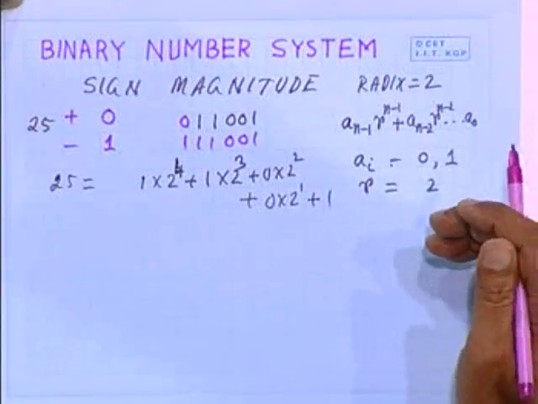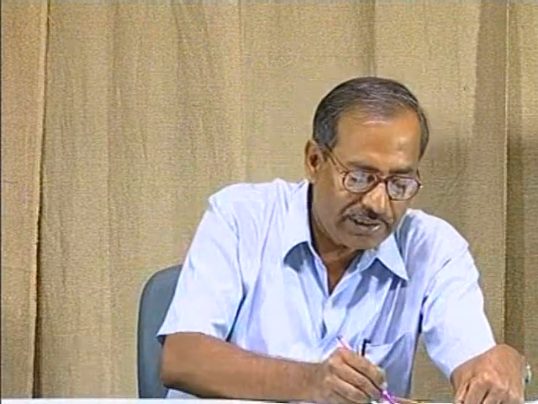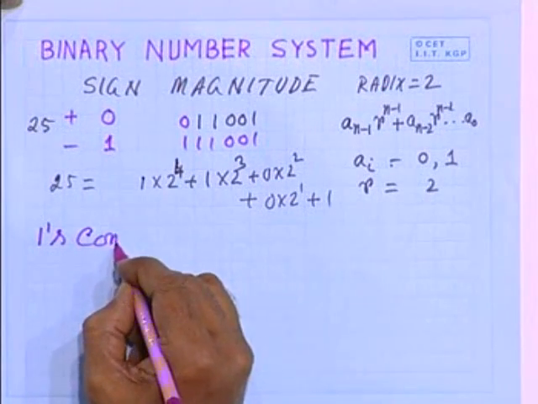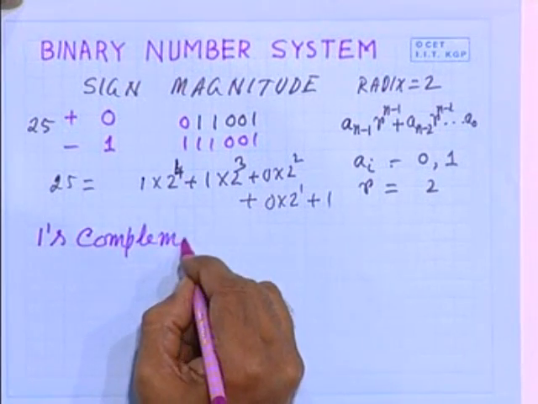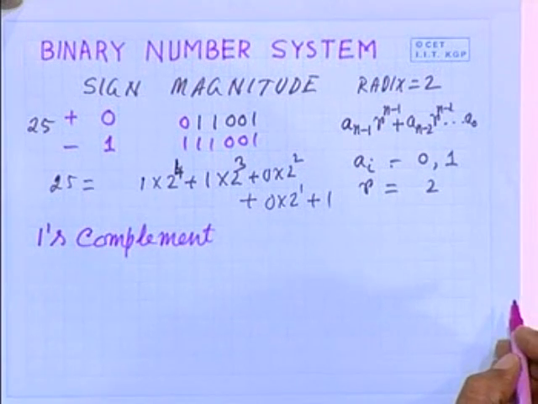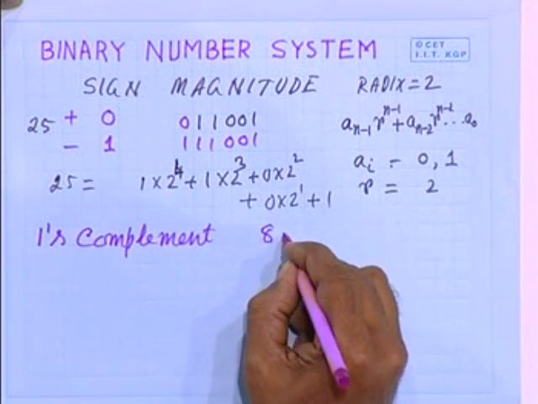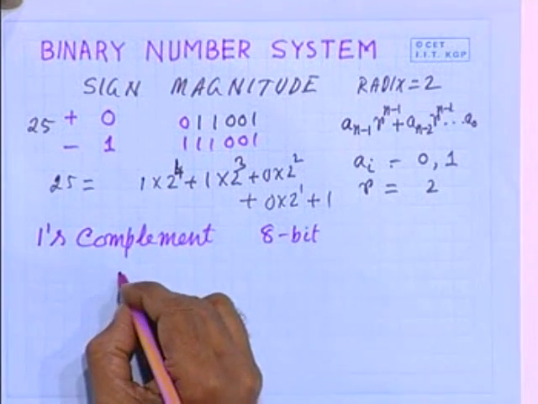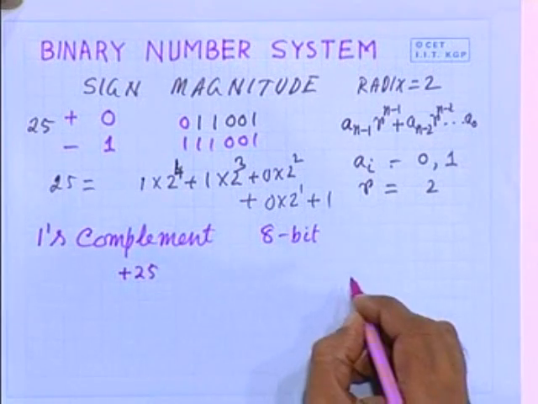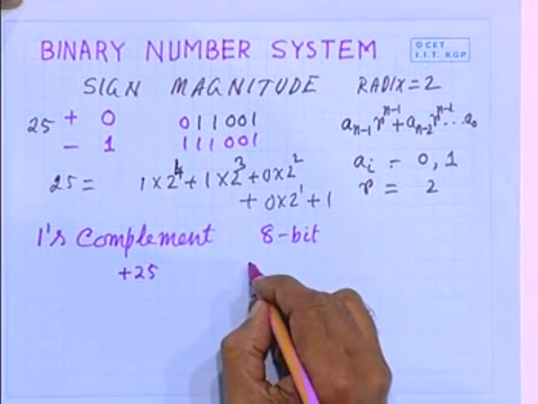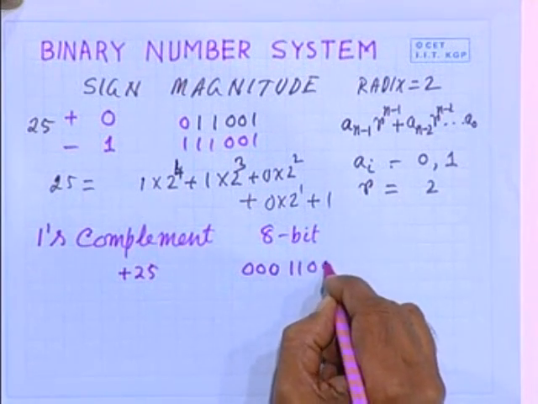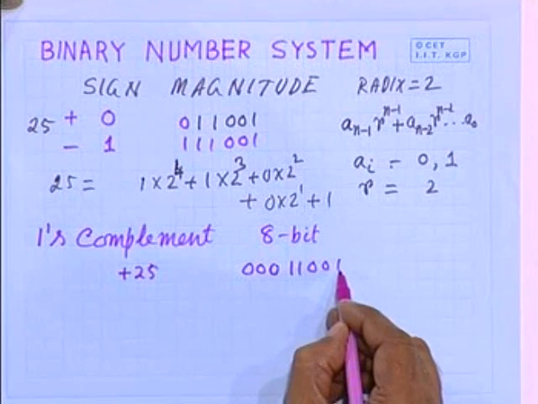Now, sign magnitude is not the only way of representing numbers in binary number system. Another alternative technique is known as ones complement form. In ones complement form, suppose it is an 8-bit number. So plus 25 in ones complement form is represented by 0 0 0 1 1 0 0 1. So altogether it is 8-bit.